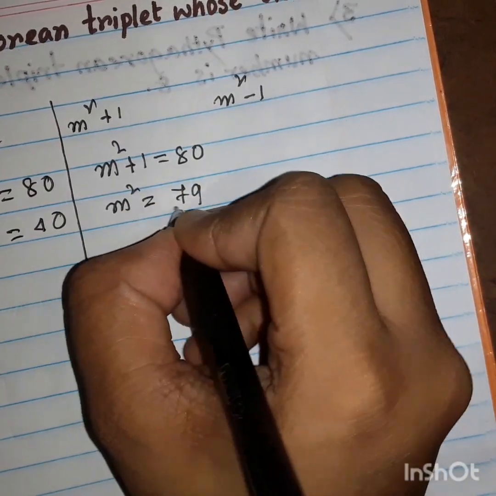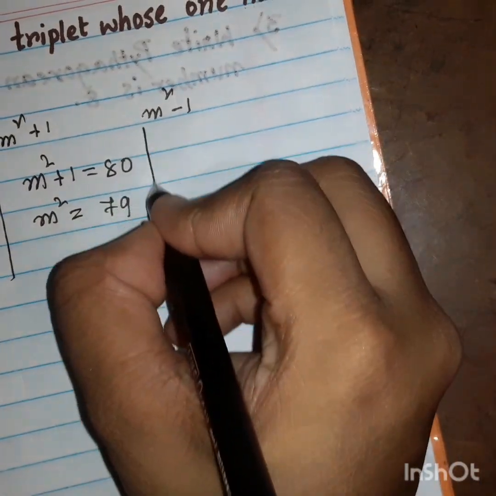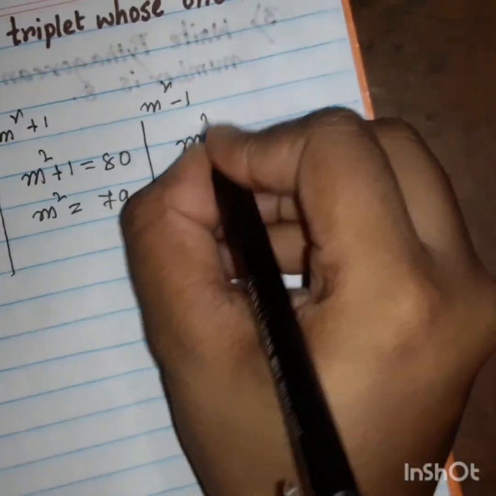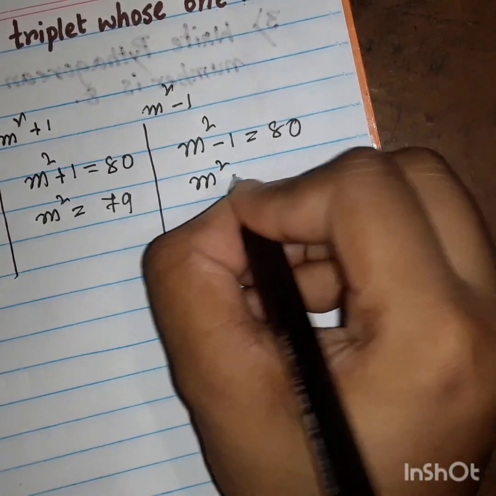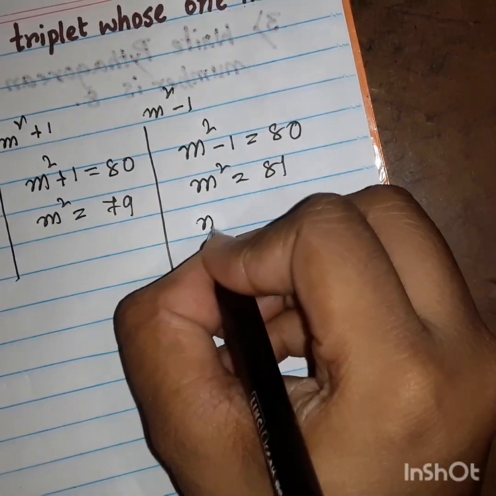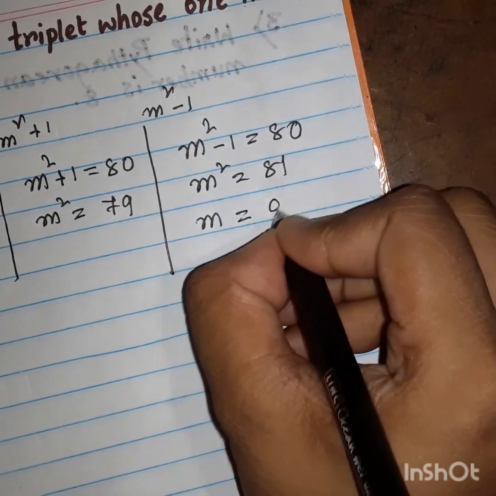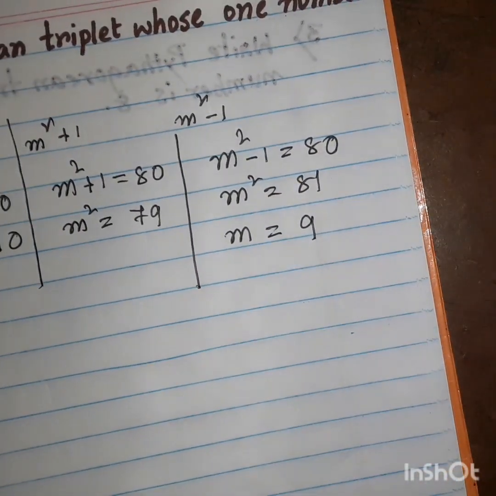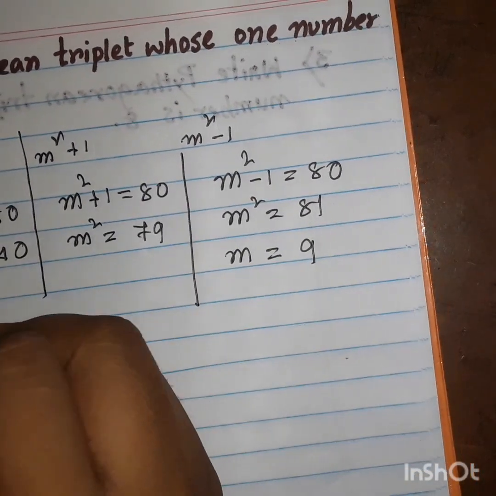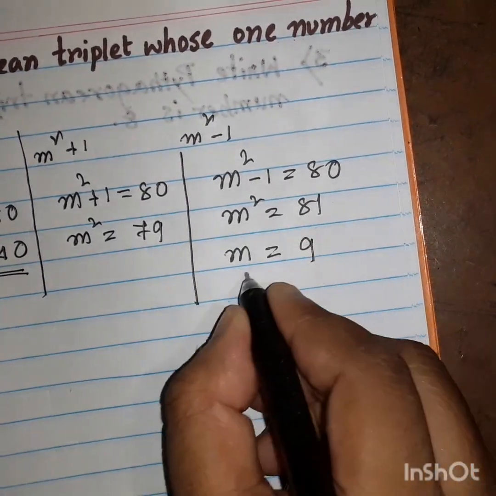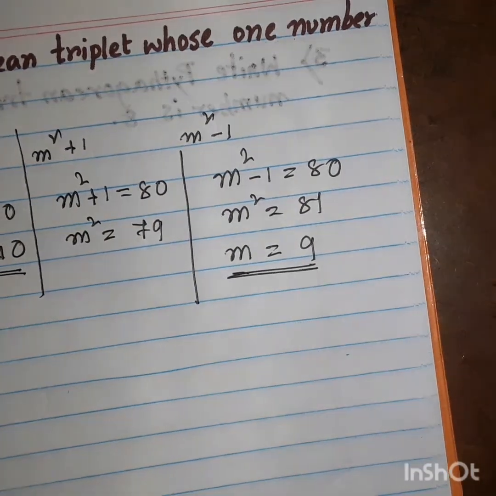It cannot be solved because 79 is not a perfect square number. But m square minus 1 is equal to 80, then m square is equal to 81, then m is equal to 9. So we have two values of m: one is m is equal to 40 and another one is m is equal to 9.